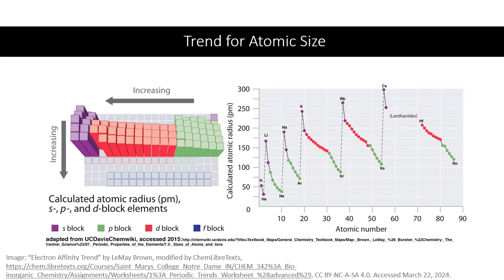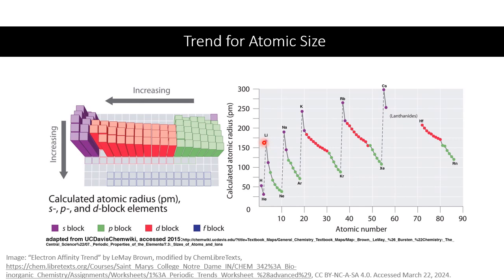Therefore, at the end of each period, you have the maximum amount of attractive force for the atomic orbitals, and at the beginning of each period, you have the least amount of attractive force for the atomic orbitals of that period. In other words, the effective nuclear charge is greater when you have more protons, and it's less when you have fewer protons. Thus, in the second period, neon is smaller than lithium.